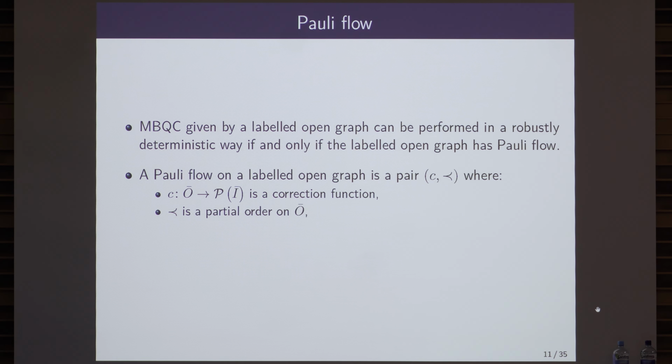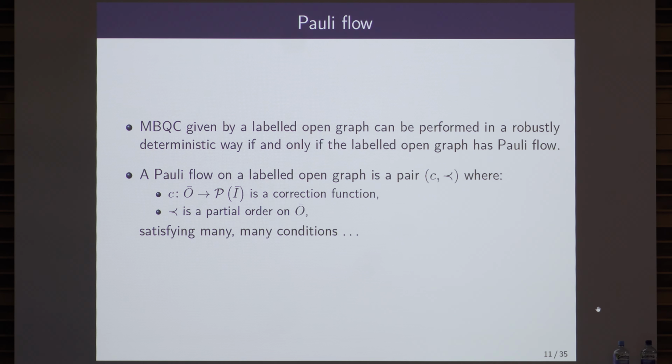And then the partial order is just the order in which we are supposed to measure non-outputs so that these corrections can actually happen. And that's all fine so far. There is just one problem. Well, it's of course not just any pair. They have to satisfy some conditions.